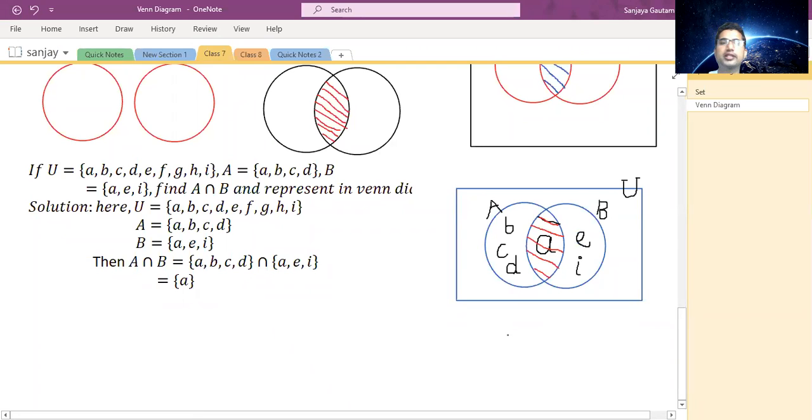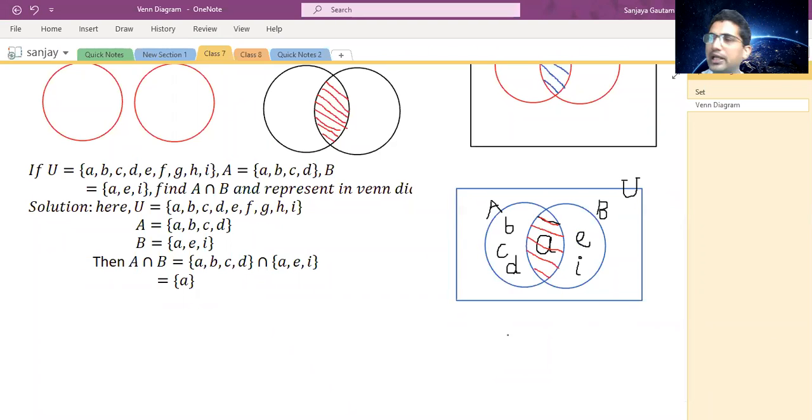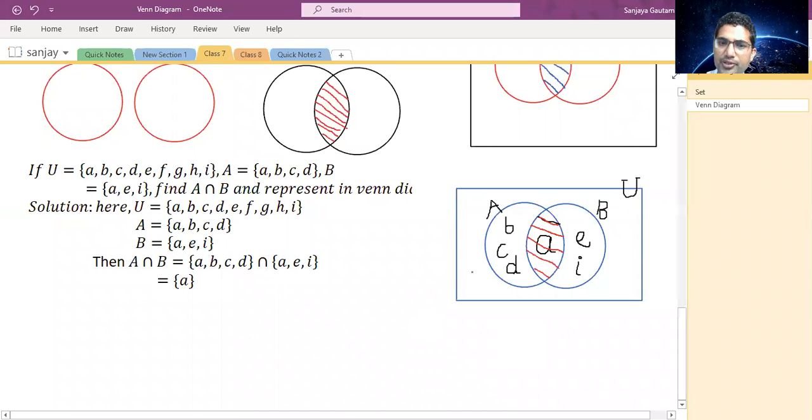Okay. So now let's have a look towards the universal set. A and B are subsets of the universal set. Then all the members of A and B are derived from which set? Universal set. So what is missing on U now? A, B, C, D, E coming. What is not coming? F is not here.